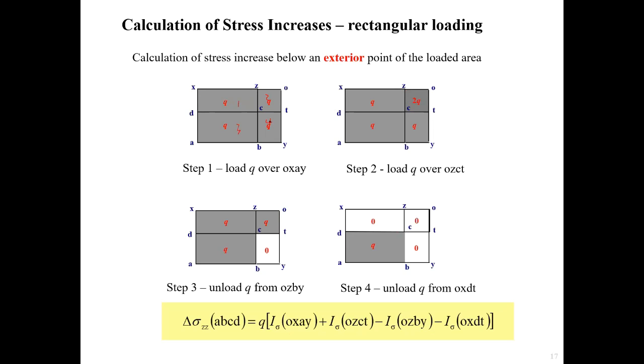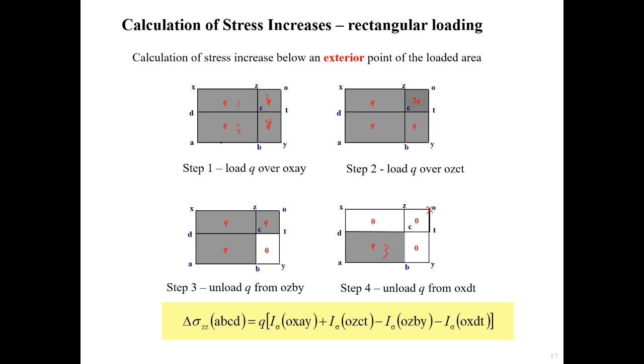Thank you. So you see in the beginning, originally you have only loading in 3. Is that clear? Yes. But the point O is not inside, so you are not able to do the calculation straight away.